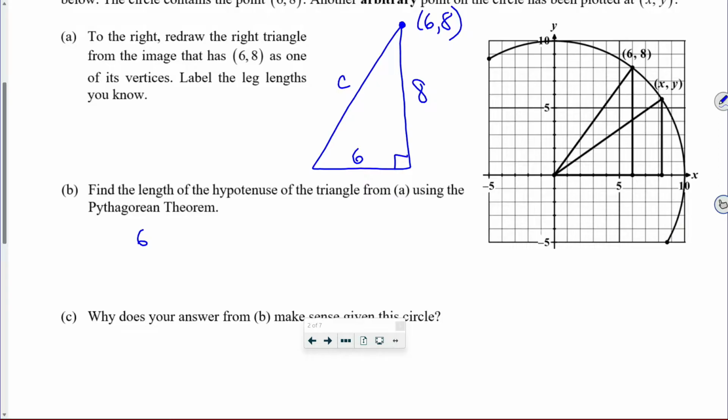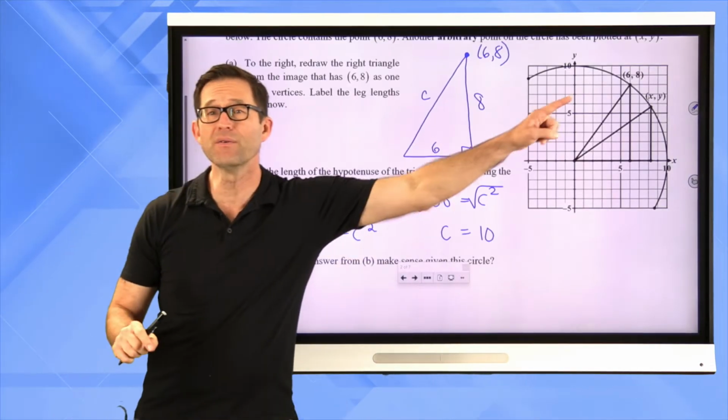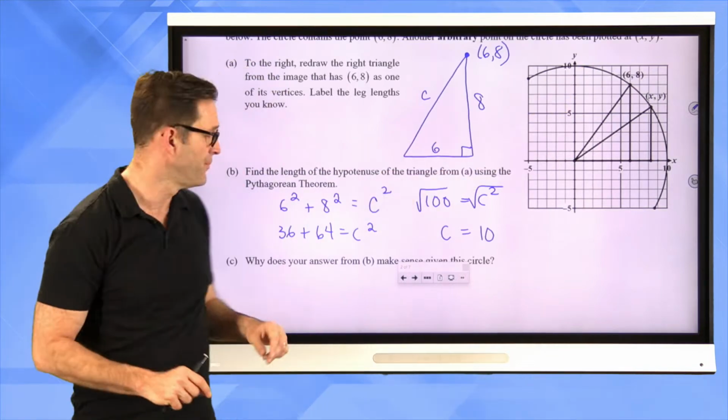Simple enough. 6 squared plus 8 squared is equal to c squared. 36 plus 64 is equal to c squared. 36 plus 64 is 100. That's equal to c squared. Take the square root of both sides, and c is equal to 10. So the hypotenuse of that right triangle is equal to 10.